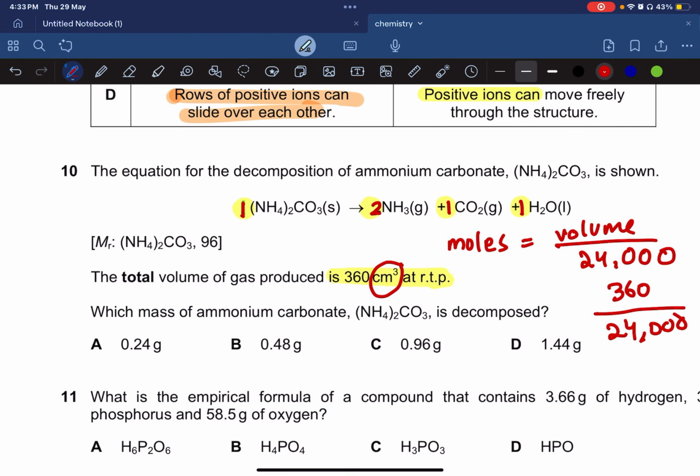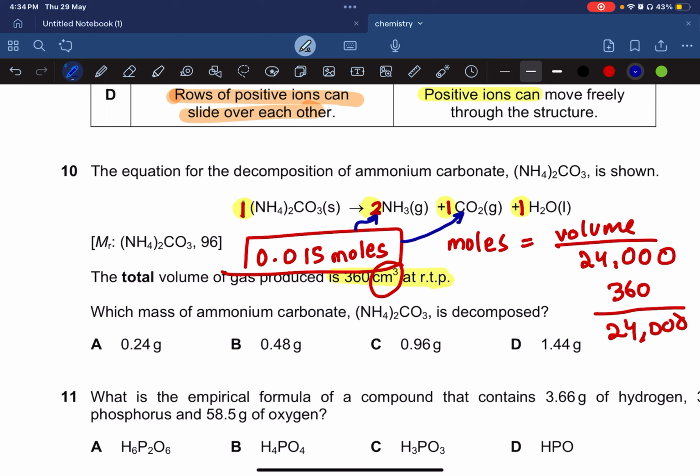Now I know that I have 0.015 moles of gases. Out of these 0.015 moles of gases, I know that 2 moles is of this NH3 gas and 1 mole is of carbon dioxide gas.